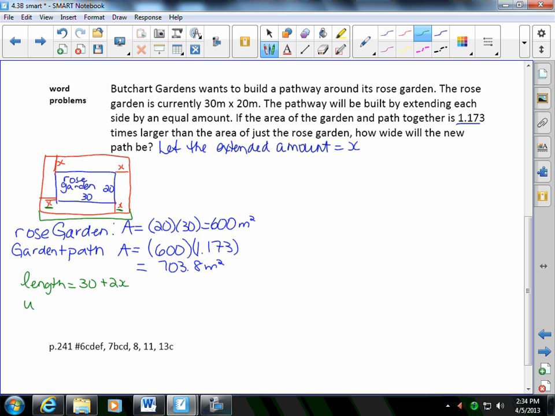Our width, so going from here to here, was our 20, and our x that we've added on here and here, so it's 20 plus 2x. So those are our new dimensions for the whole area. So this was 20 plus 2x, and this was 30 plus 2x. So that means the dimensions for the area of the garden and the path put together are 30 plus 2x and 20 plus 2x.